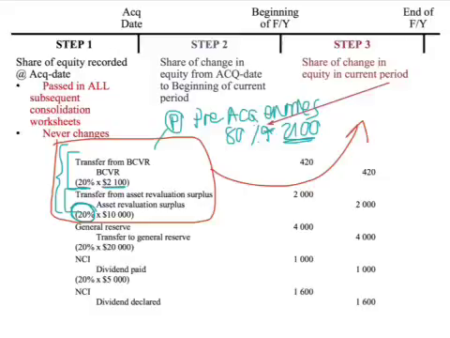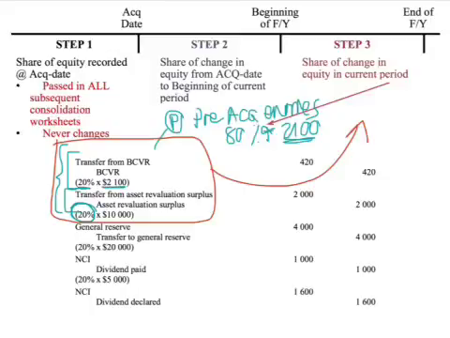Then the general reserve, the effect of that is basically 2 entries that were combined into one. So let's split them out quickly to make it more clear. So what happened is that $20,000 was transferred from retained earnings to the general reserve.